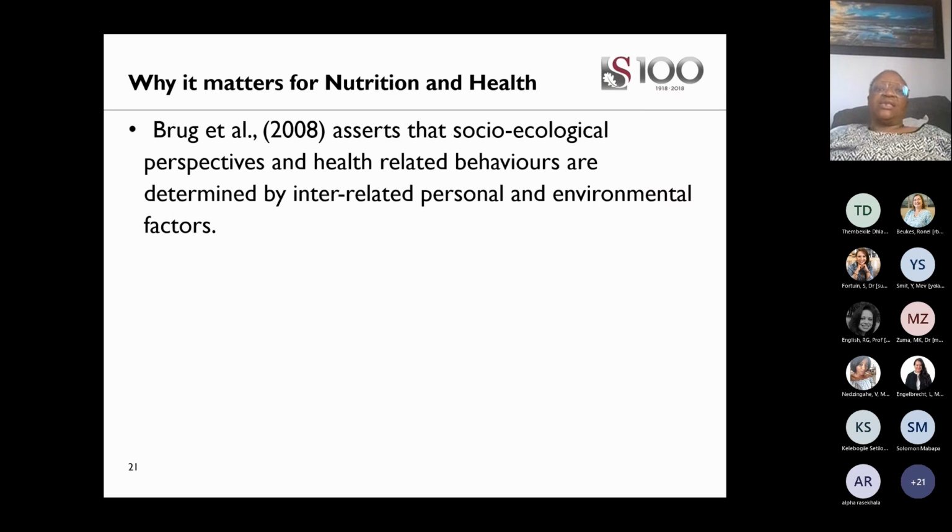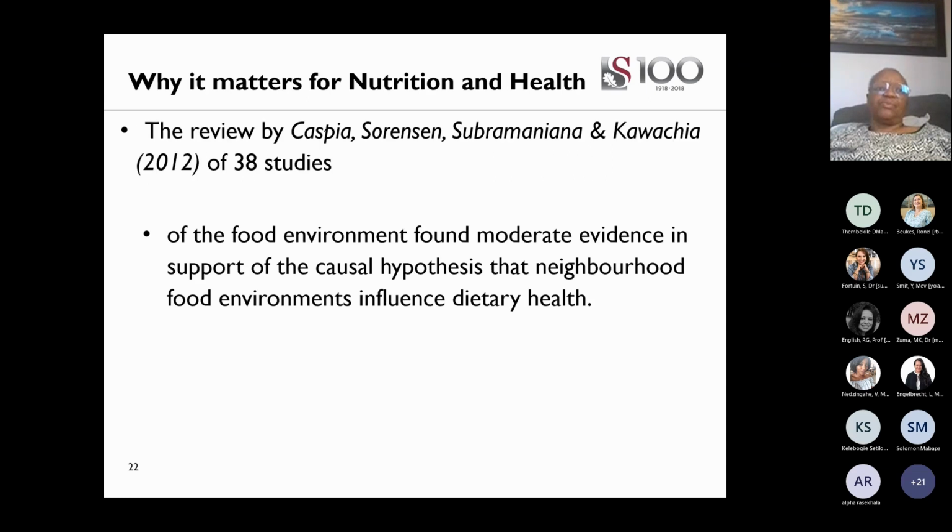So it has been shown that the socio-ecological perspectives of food environment and health-related behaviors are determined by the interrelatedness between the personal and the environmental factors.